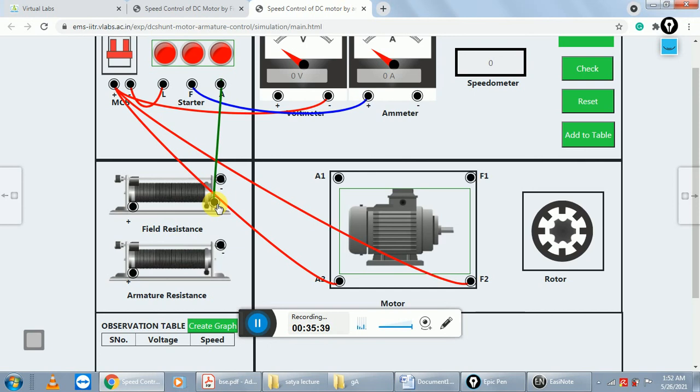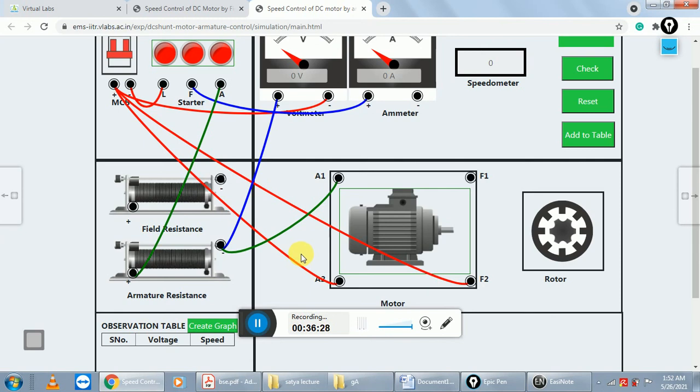Next, connect the positive terminal of the voltmeter to the negative terminal of the armature resistance, and also to the A1 port. Connect to the A1.